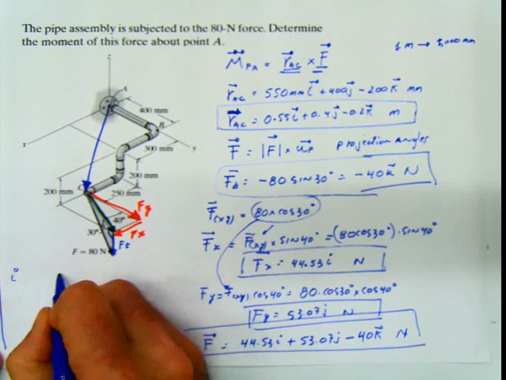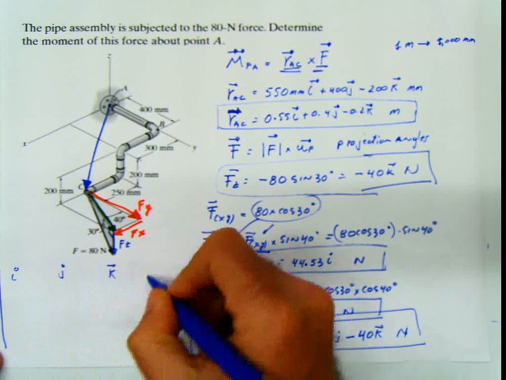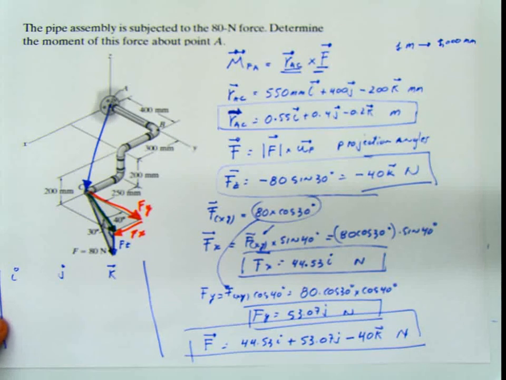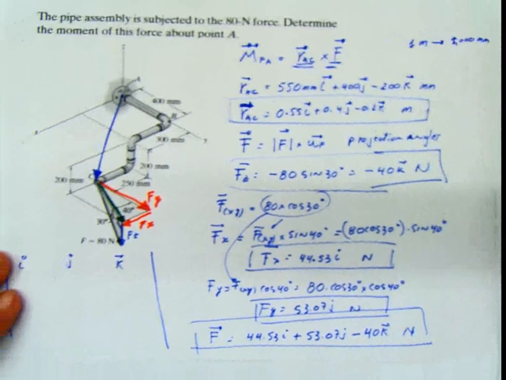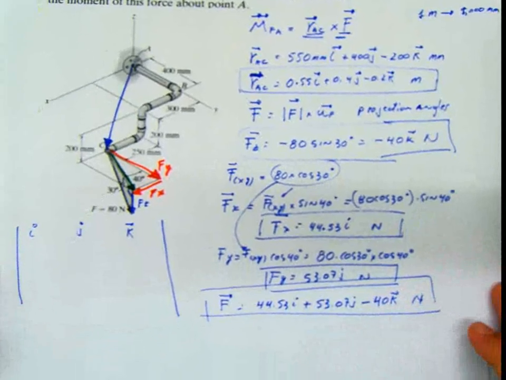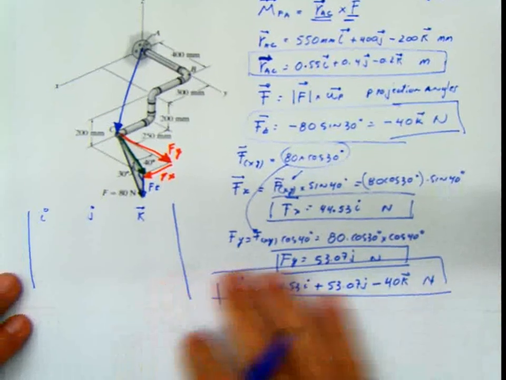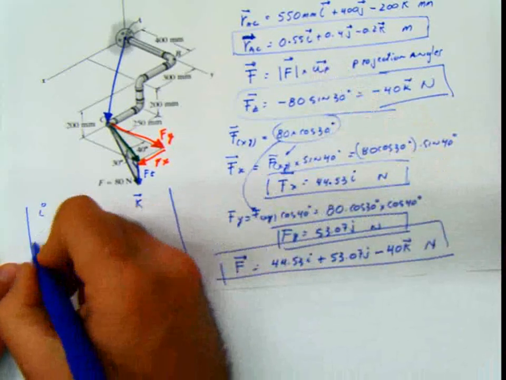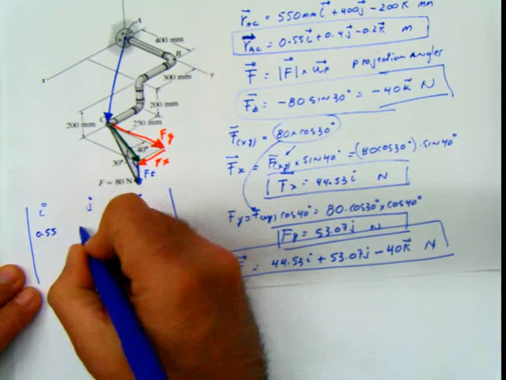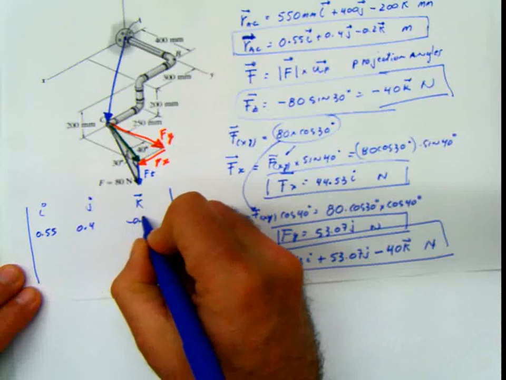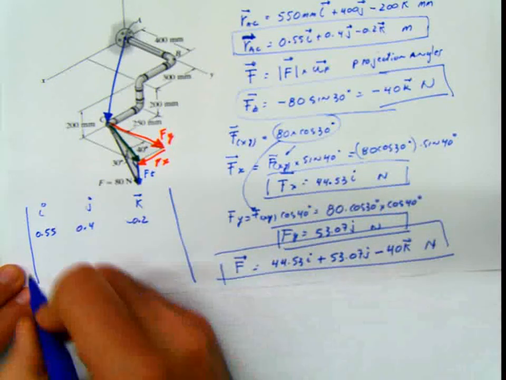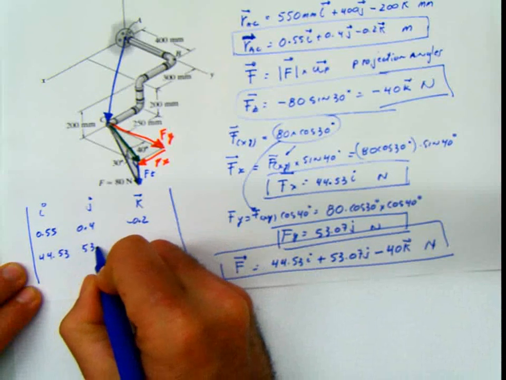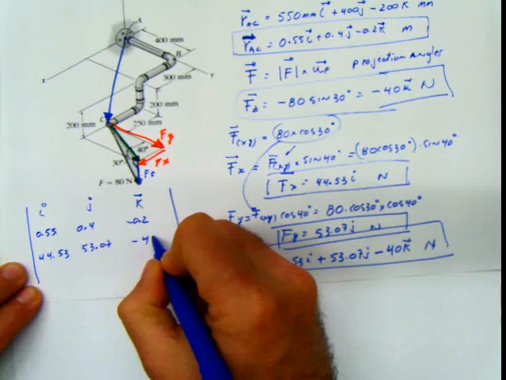This is I, J, K. Remember, it is extremely important for you to remember, once again, I know it's a redundancy, but maybe if I say that remember, you will remember that first goes R and then goes F. This is going to be 0.55, 0.4, negative 0.2, and then F is 44.53 in I, 53.07 in J, and negative 40 in K.